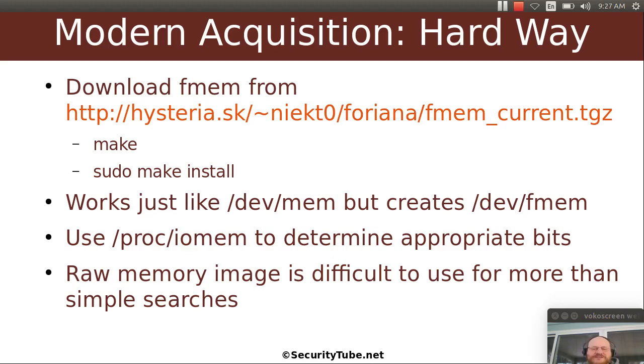It's hard, it's very manual, that's one thing. And another thing that you'll run into is the fact that you won't have an image that's usable by things like volatility. And really what you'll have is an image that you can use for some simple searches, and that's pretty much about it. So that is the hard way.